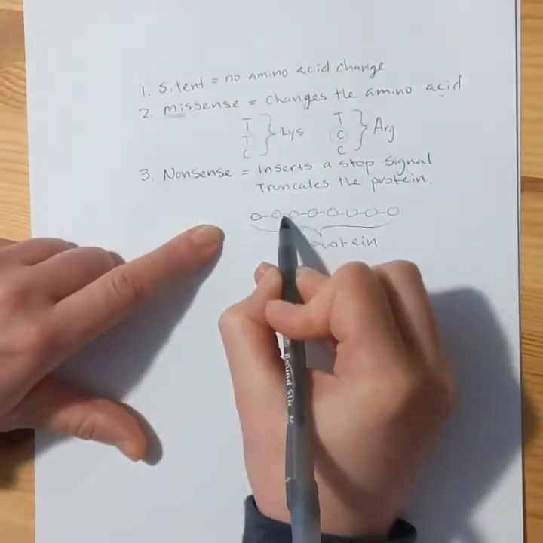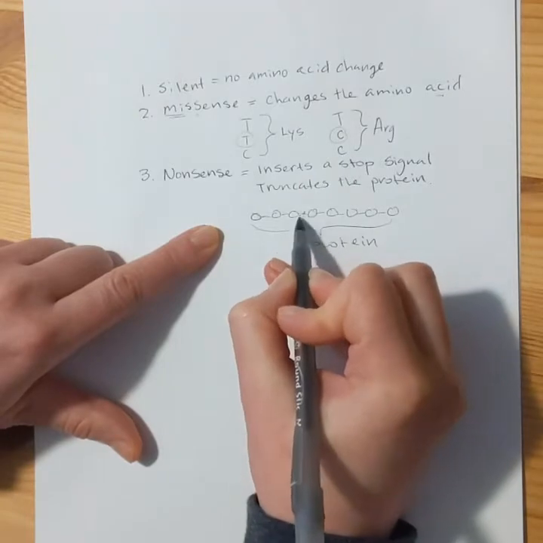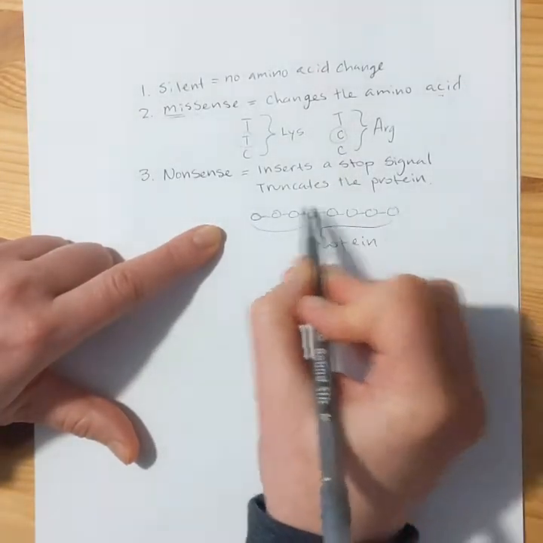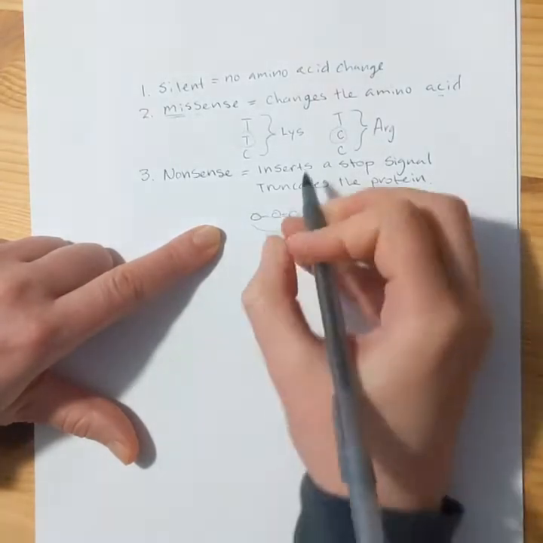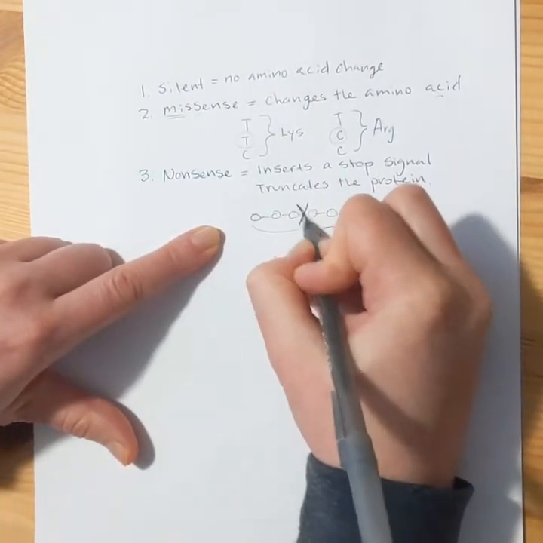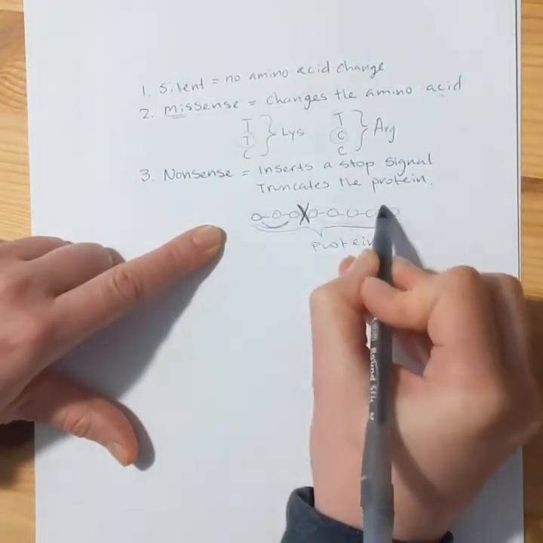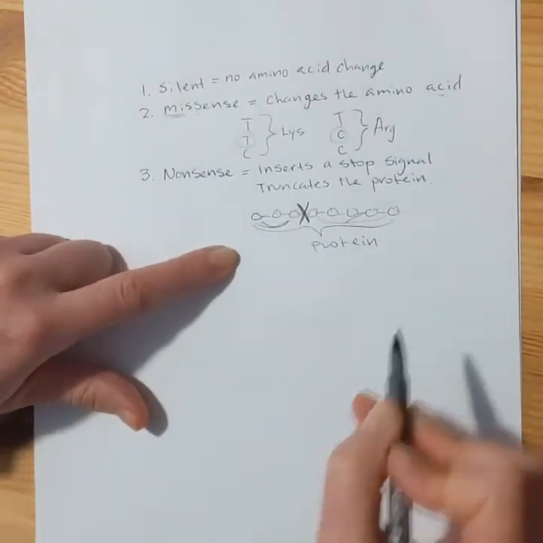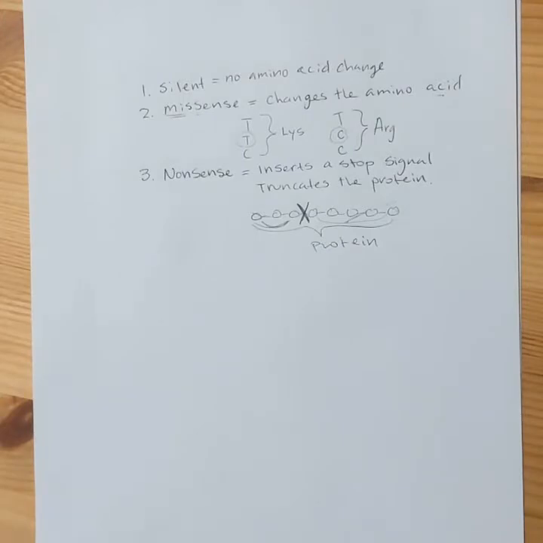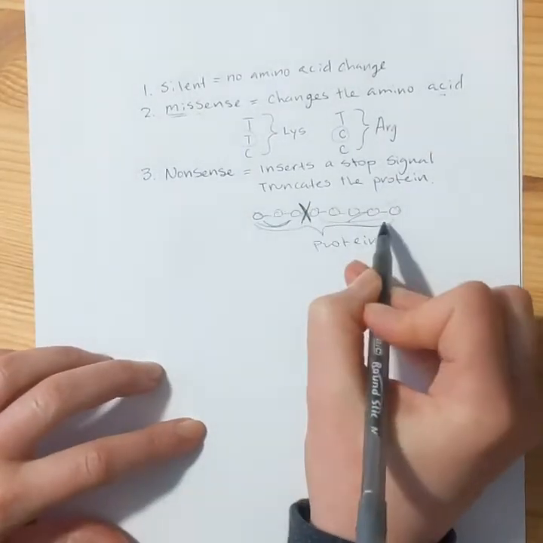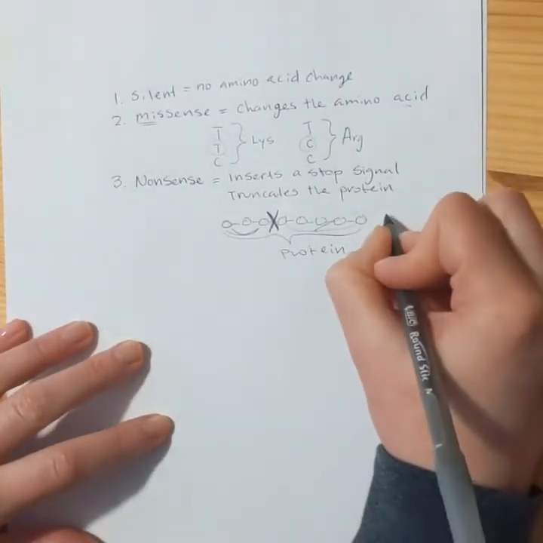If I had a mutation right here between my third and my, what is that, eighth amino acid, I would break the protein here and it would have this short little bit, and I would never grow the second half of my protein, and my protein would be broken, essentially. Most proteins that are truncated like this are no longer functional.